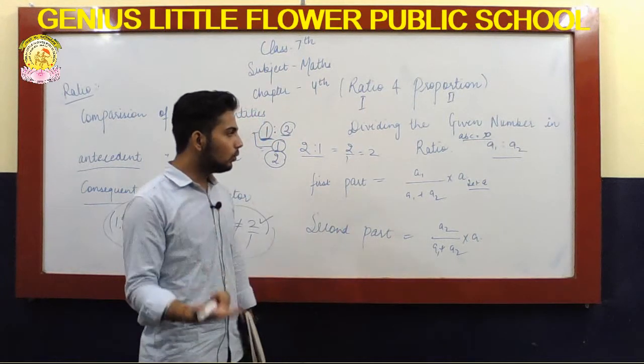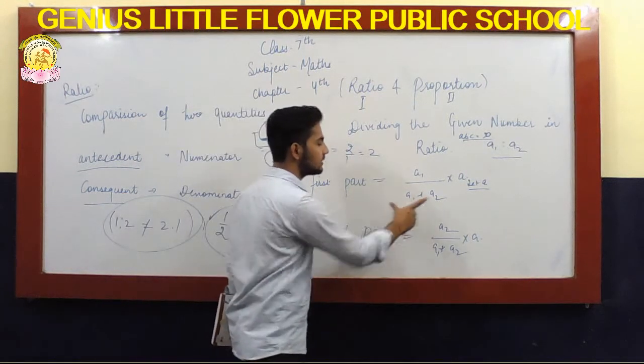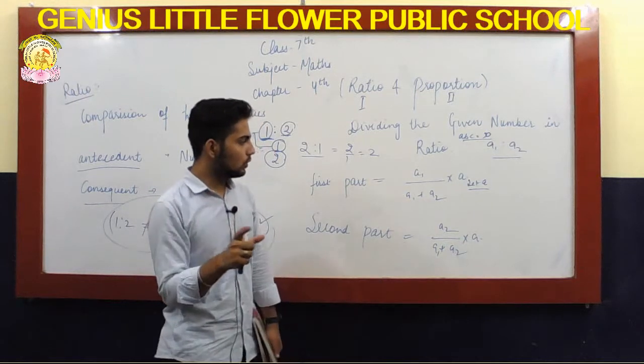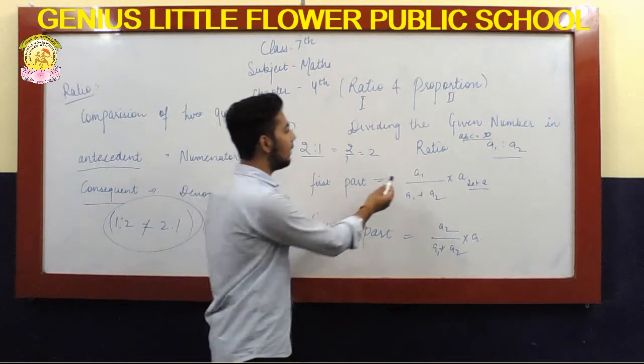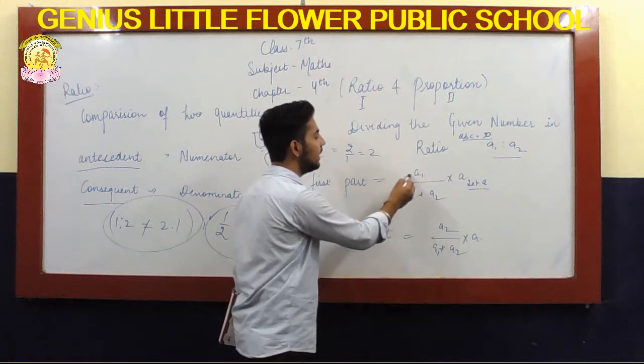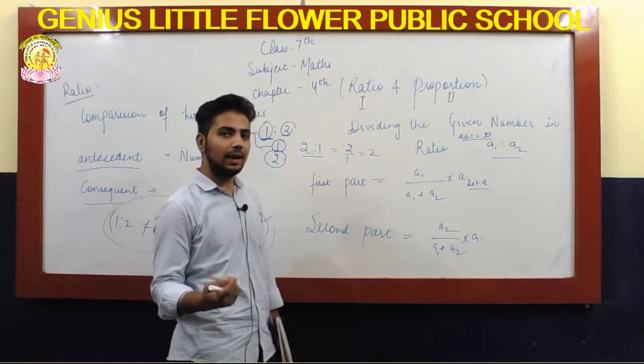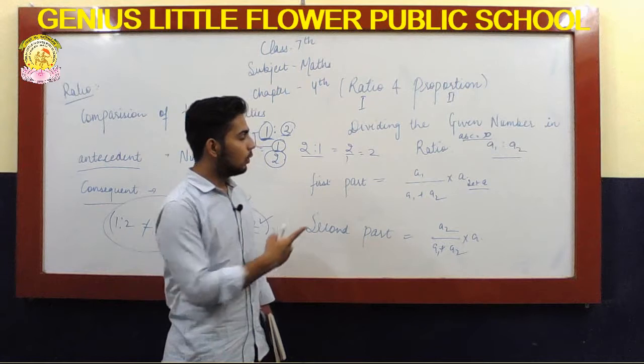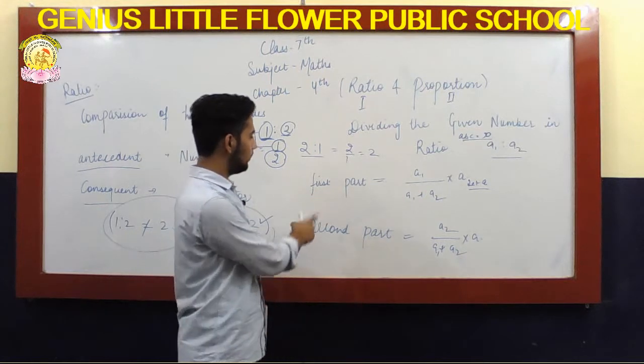What you are going to do is take the sum of the ratios in the denominator, and put one ratio term in the numerator, multiplied by the actual number which has to be divided.